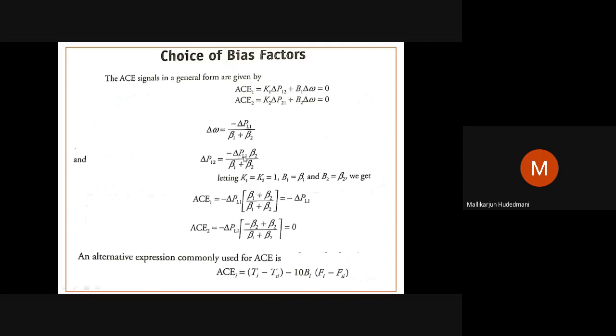Using these two equations in the respective places, I can definitely get similar representations. AS of 1 shall go, beta 1 here, minus cancels off, which becomes 0 here. And here it becomes beta 1 and beta 2 as delta PL2 itself. It means AS2 will turn out as delta PL2, AS1 turns out as 0.